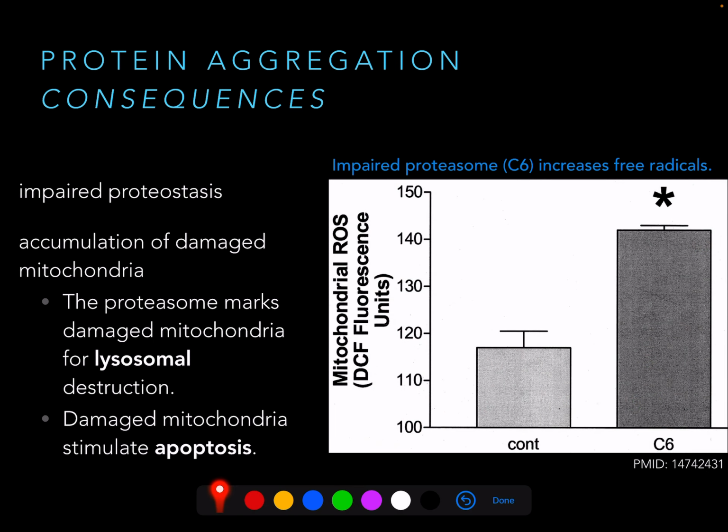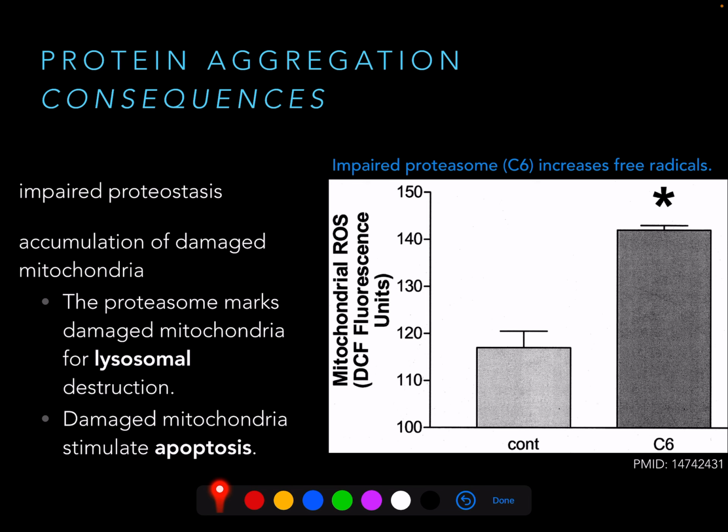The other consequence of a protein aggregation disorder is that damage to the proteasome allows the accumulation of damaged mitochondria. And so we're back to where we were a couple of slides ago, in the mitochondrial dysfunction. What they've done over here, C6 is not a spinal level, is the condition where they've impaired the proteasome.